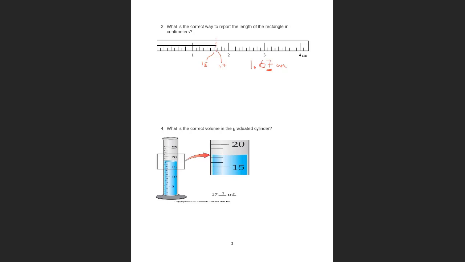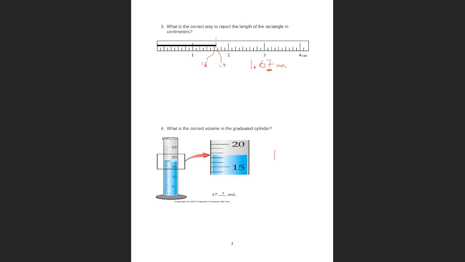And then let's do another practice here. This is similar. How would you express the correct volume of this graduated cylinder? 17.6.